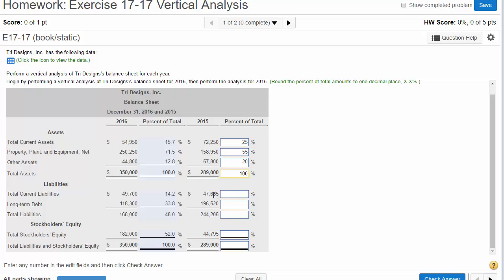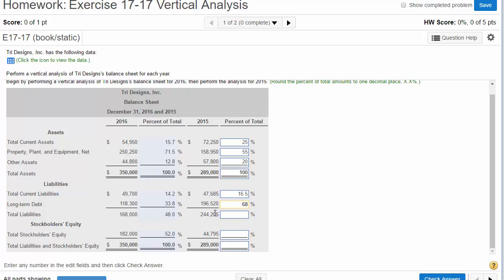Now, current liabilities. We take 47,685 divided by 289,000, and we get 16.5%. We take long-term debt, divide by 289,000, and we get 68%.